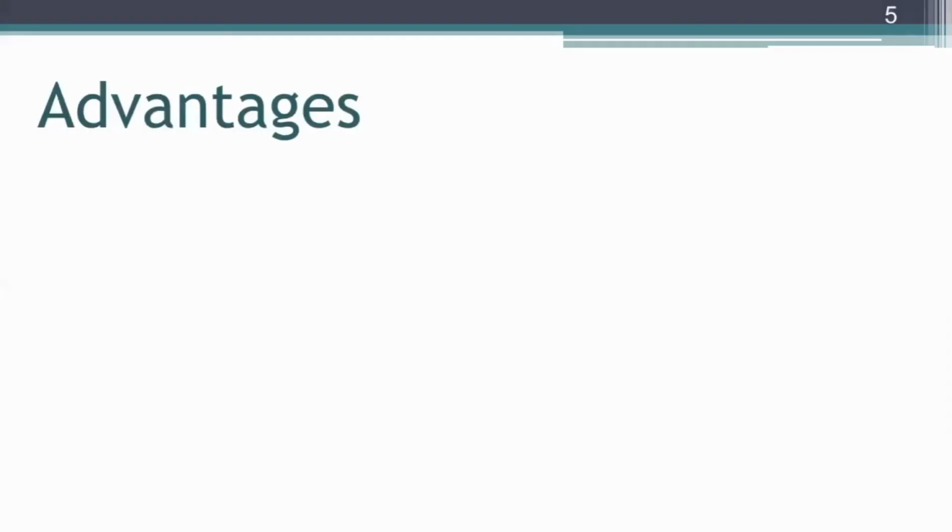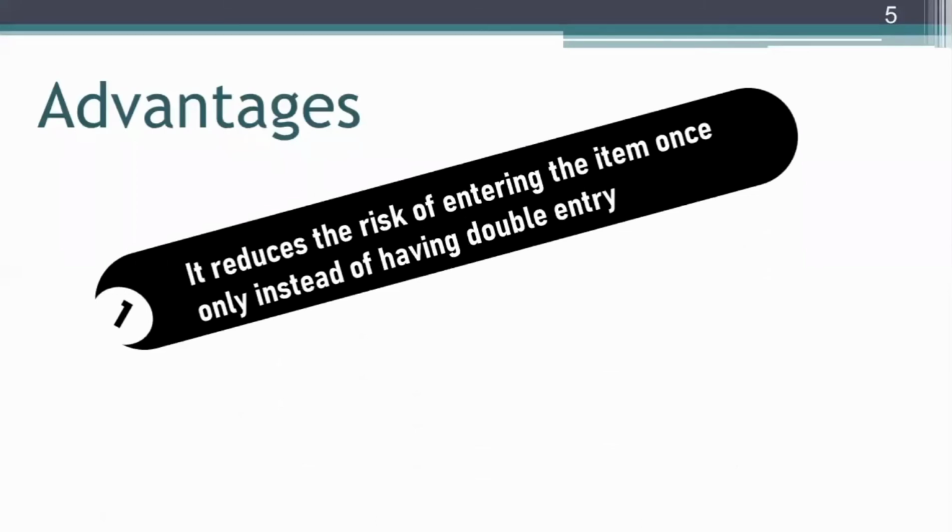So there are advantages of using the general journal, but we're going to look at two of those. The first one is it reduces the risk of entering the item once only instead of having double entry. Now with this, because you're indicating the item that you're debiting, the item that you're crediting, you're basically making a record of that in the diary.